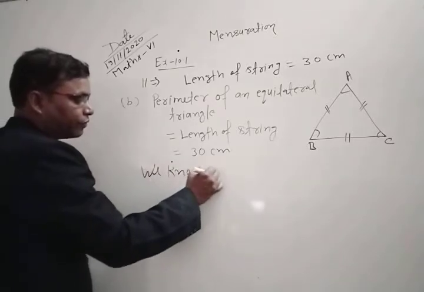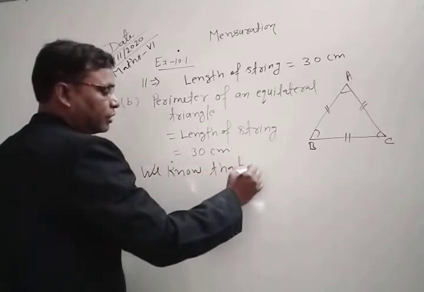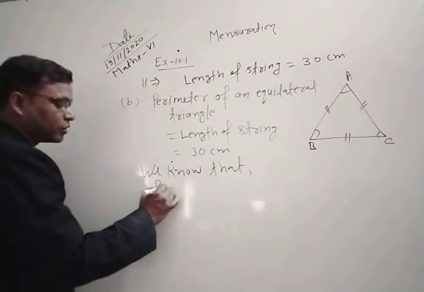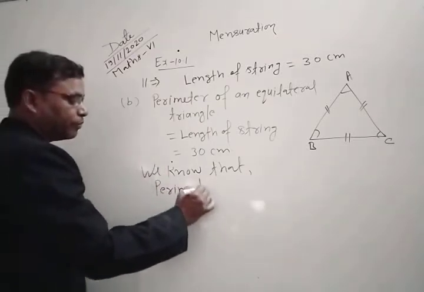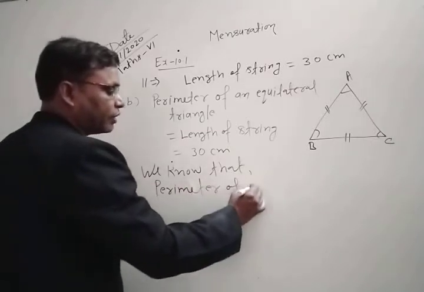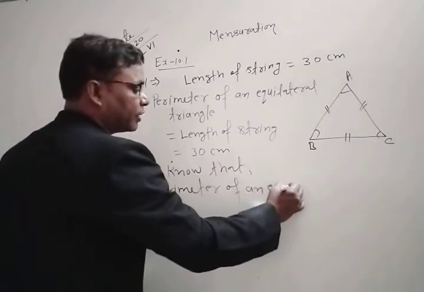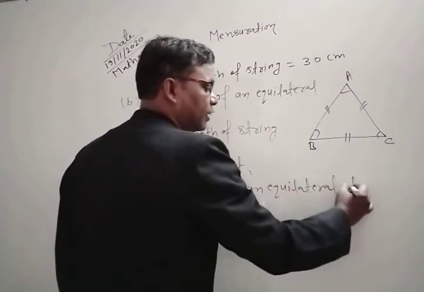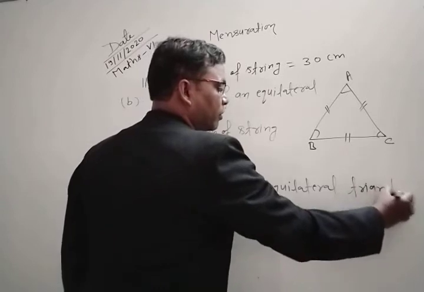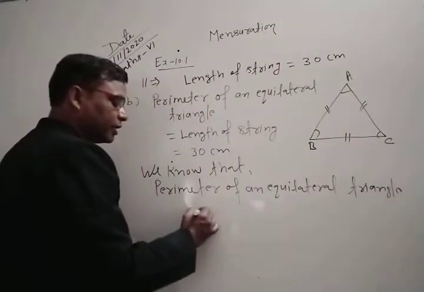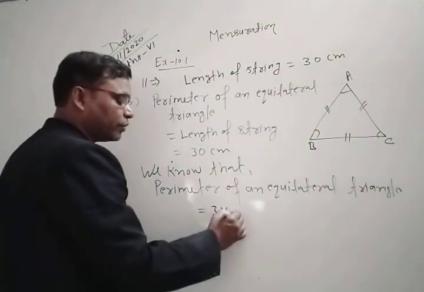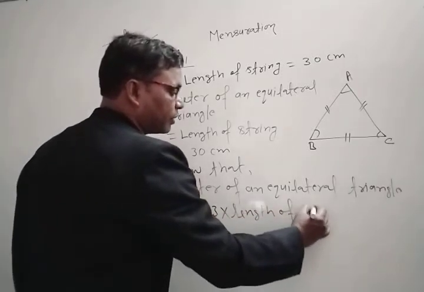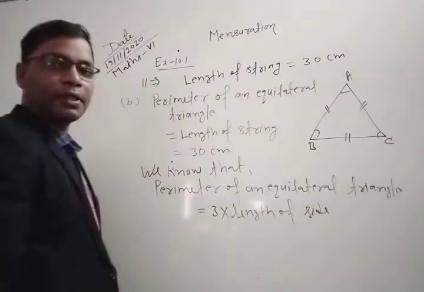We know that the perimeter of an equilateral triangle is equal to 3 into the length of a side.